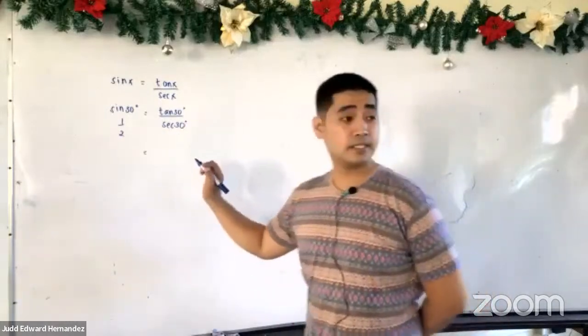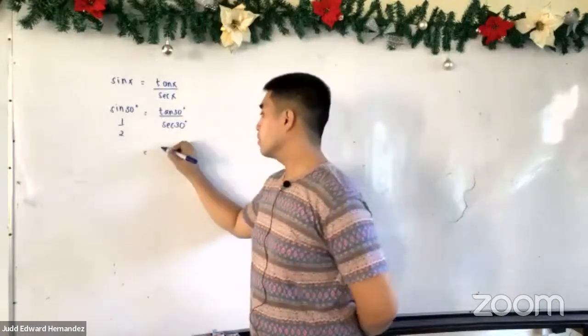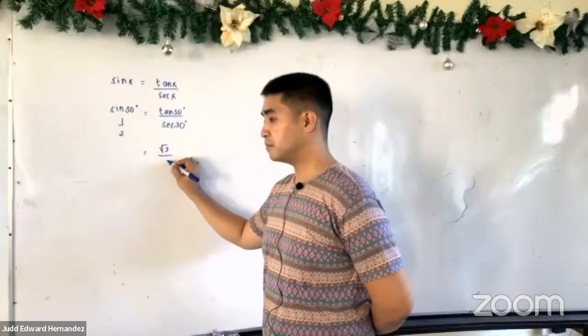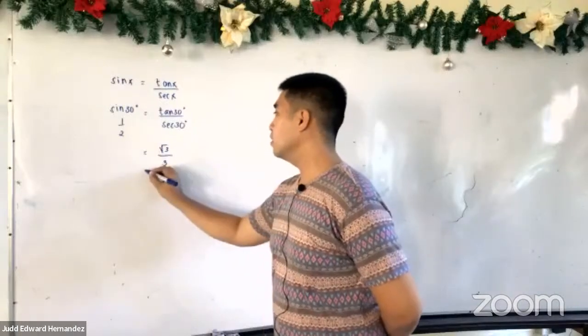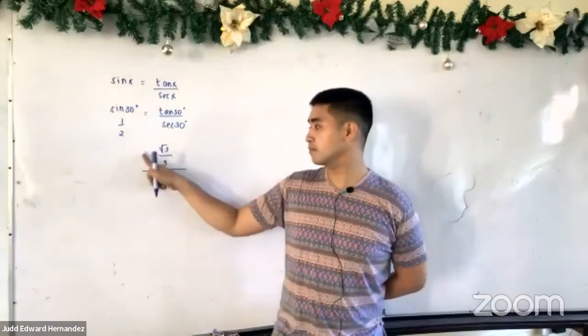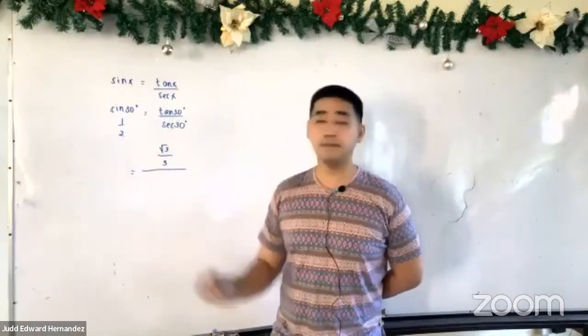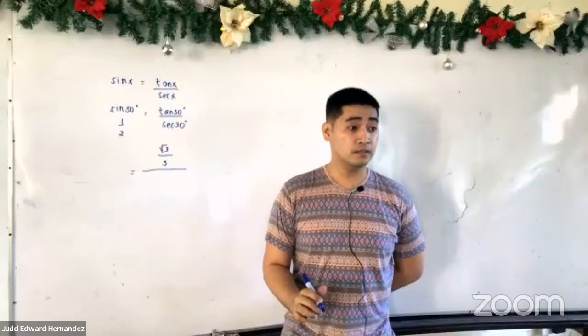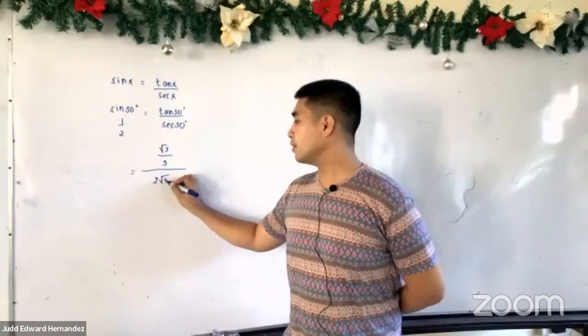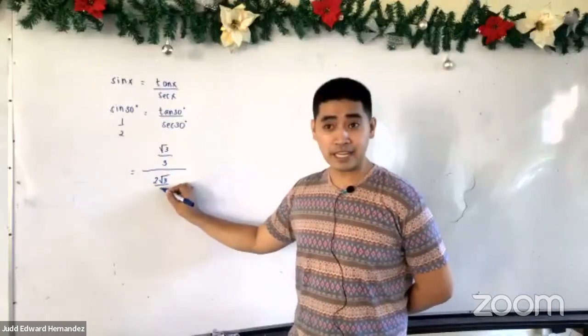Tangent 30 is square root of 3 over 3 po. Over secant 30. Ilan po yung secant 30 natin? Sa napag-aralan natin before, 2 square root of 3 over 3.